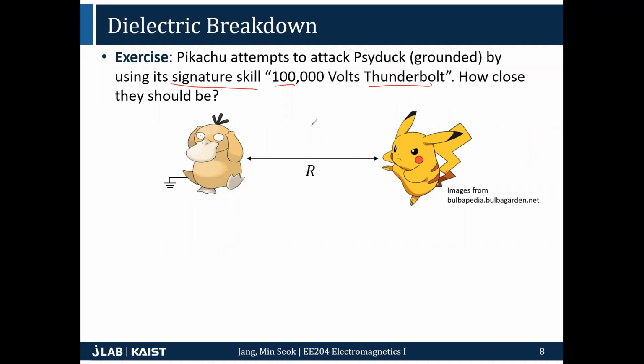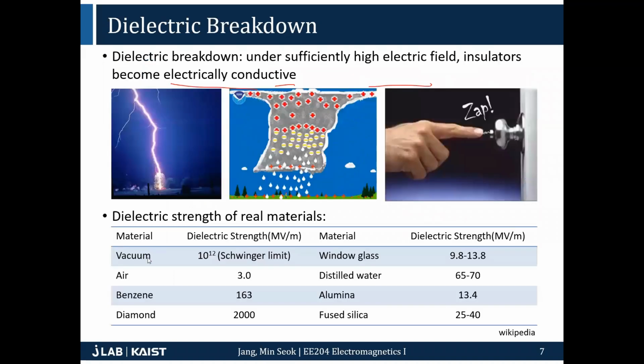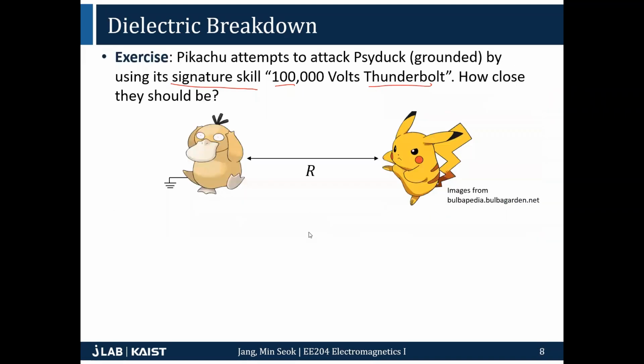And then from the previous slide, we know that the dielectric strength of air is 3.0 megavolt per meter. Okay, so dielectric strength is 3.0 megavolt per meter.